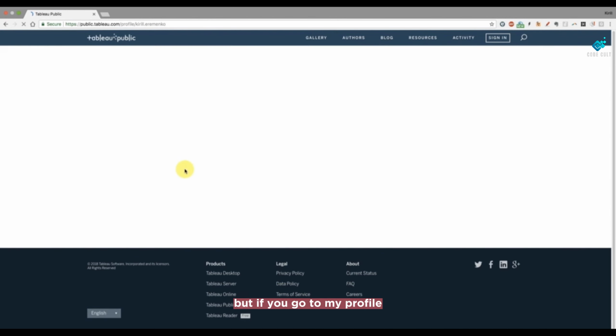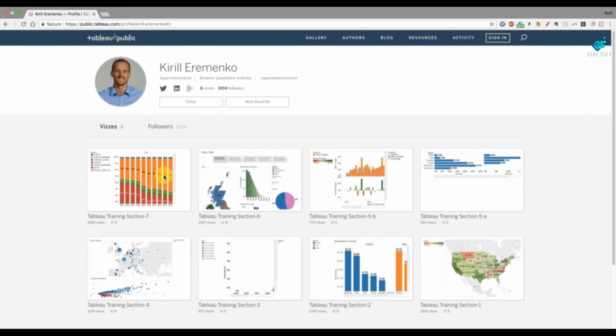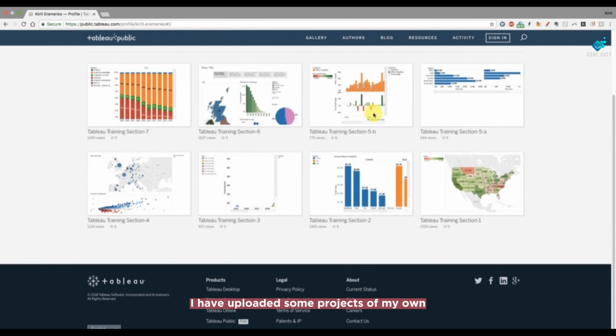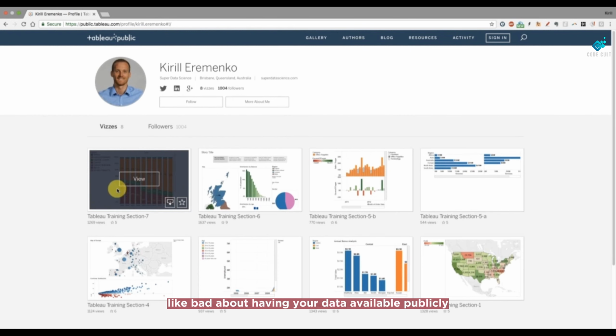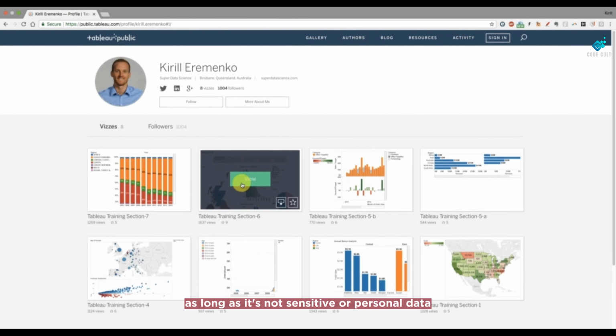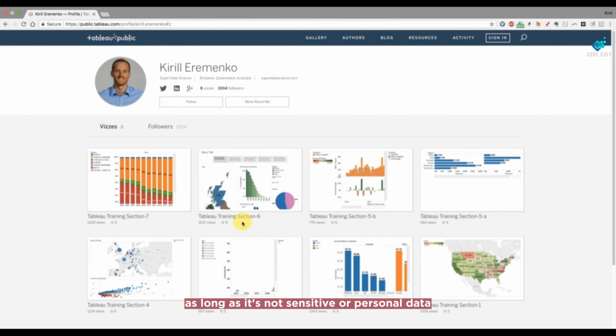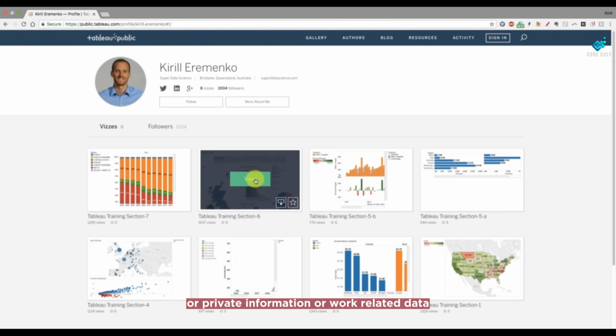But if you go to my profile, you'll see that I also have a profile, and I've uploaded some projects of my own. So basically what I wanted to show you is that there's nothing bad about having your data available publicly, as long as it's not sensitive or personal data or private information or work-related data.